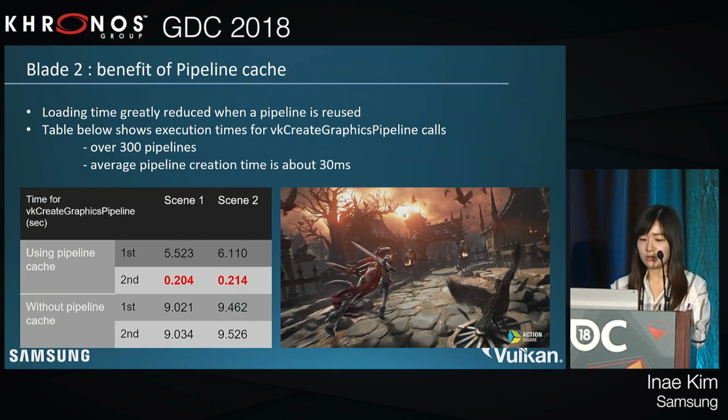It takes less than 1 millisecond. As you can see, the second loading has a big difference using the pipeline cache. It improved from 9 seconds to 0.2 seconds. Also, first loading time using the pipeline cache has improved from about 9 seconds to 5.5 seconds. It's better than before.